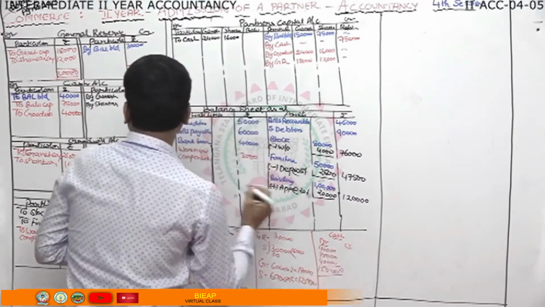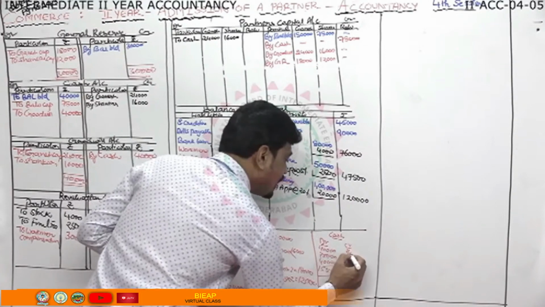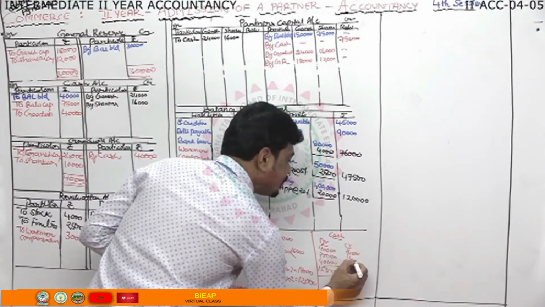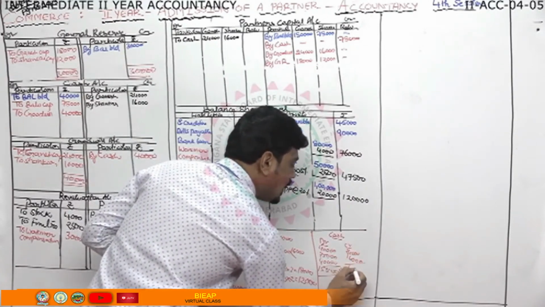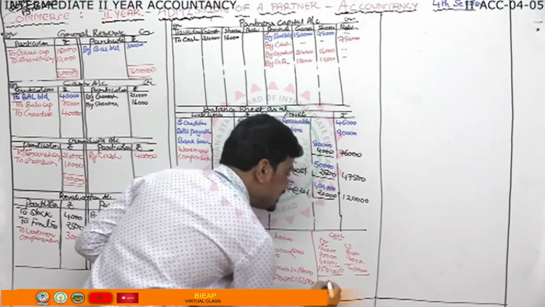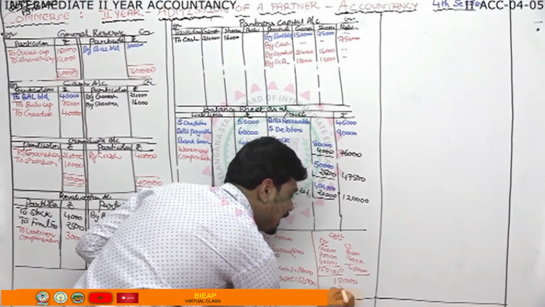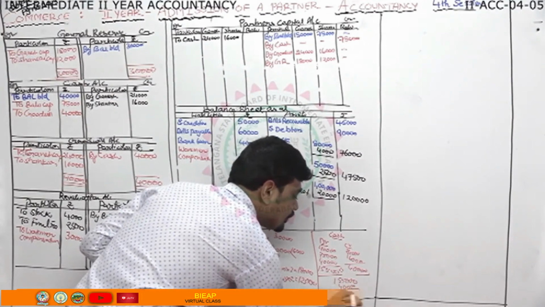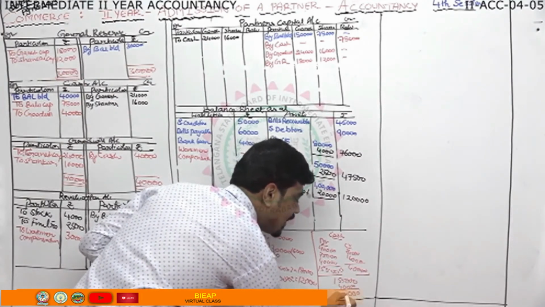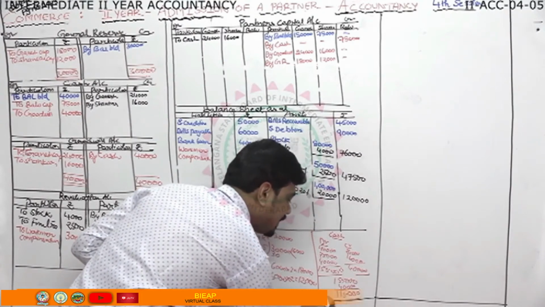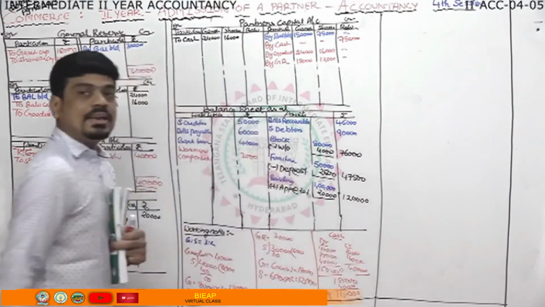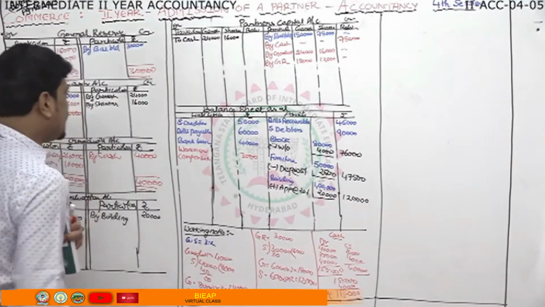If I see credit, 24,000 and 16,000. Total 40,000. Now I'll see the balance. 1,55,000 minus 40,000. 1,15,000 is the balance. So I have a cash balance of 1,15,000.